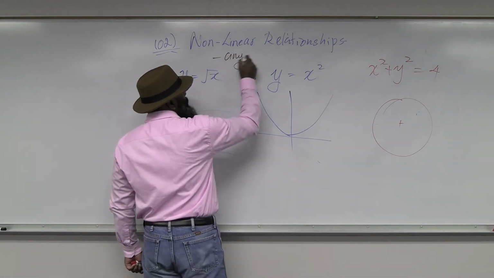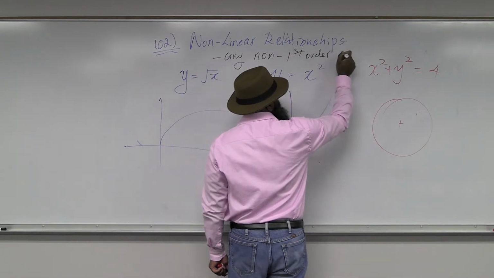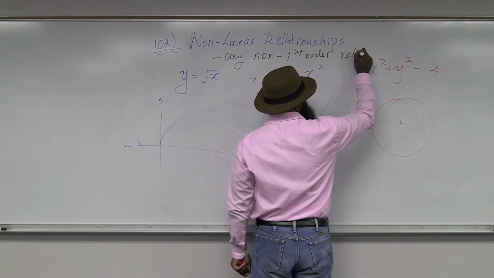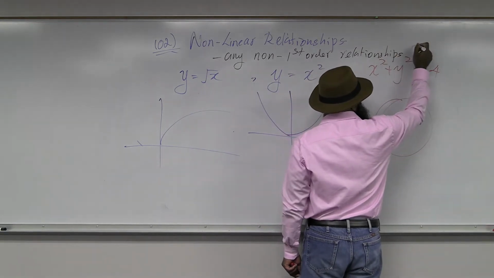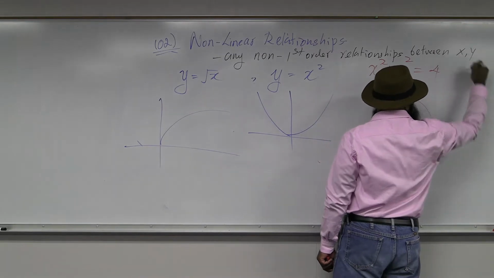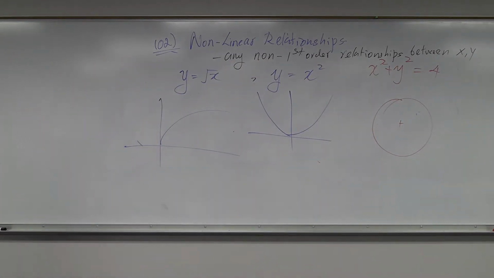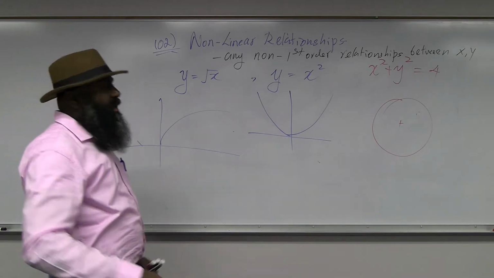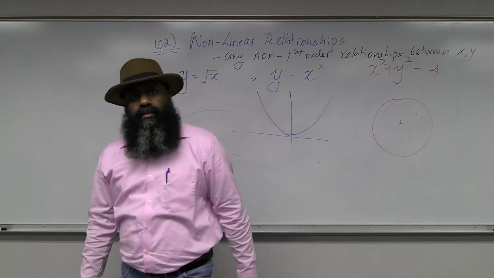Any non-first order relationships between x and y are called non-linear relationships. Our methods, especially the analytical method, will not detect any of these relationships.